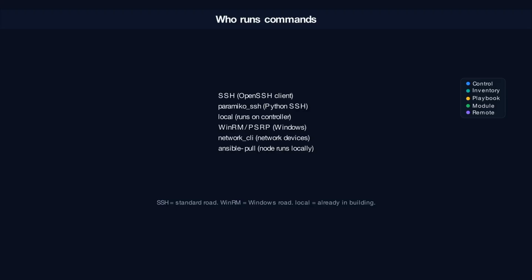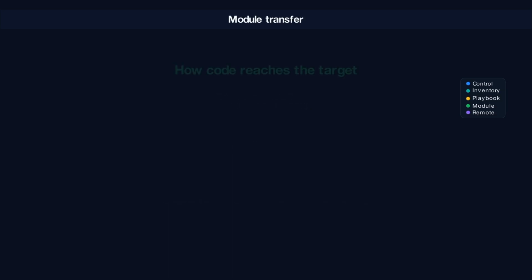How does the code reach the target? In the common model, Ansible prepares a module payload and either writes it to a temporary location on the remote host and executes it, or uses pipelining, where supported, to feed it into the interpreter's standard input. Pipelining can reduce network round trips and improve performance.